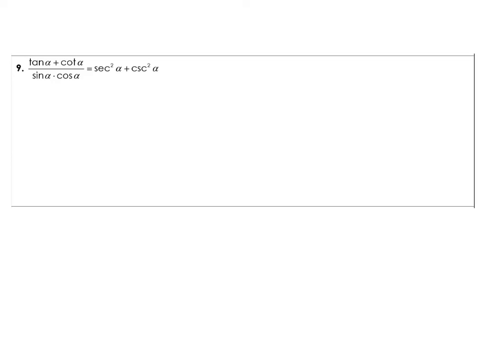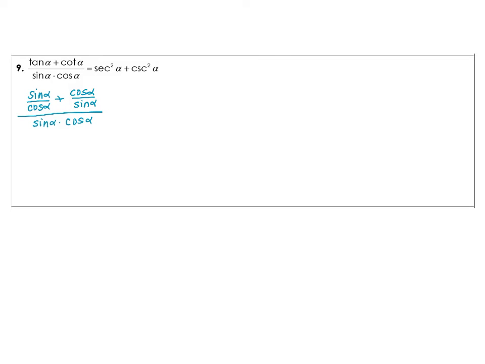Okay, so it looks like in number 9, we're going to have to change everything back over to sine and cosine. So for tangent alpha, we're going to make that sine alpha over cosine alpha plus cosine alpha over sine alpha. And every bit of that is over sine alpha times cosine alpha.